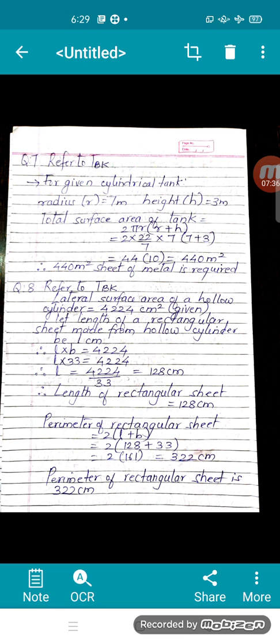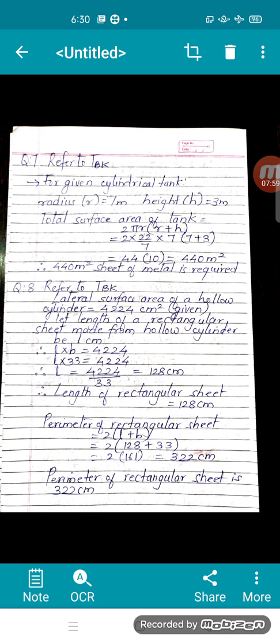Question number 8. The lateral surface area of a hollow cylinder is 4224 centimeter square. It is cut along its height and formed into a rectangular sheet of width 33 centimeter. Find the perimeter of the rectangular sheet. LSA is given. Let the length of the rectangular sheet made from the hollow cylinder be L centimeter.